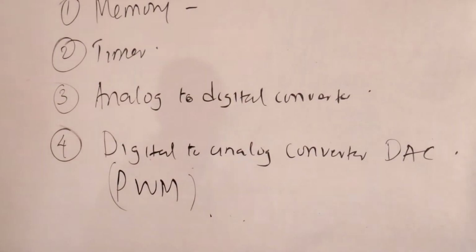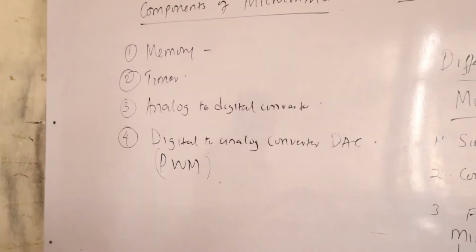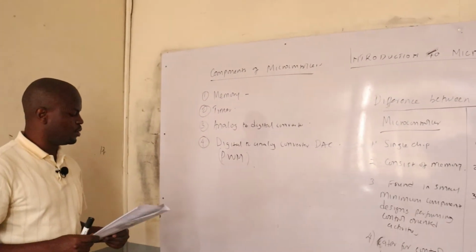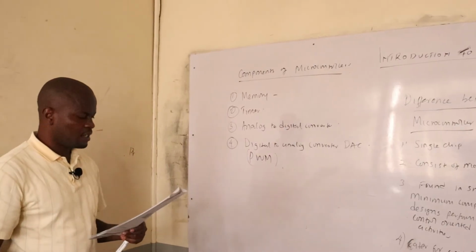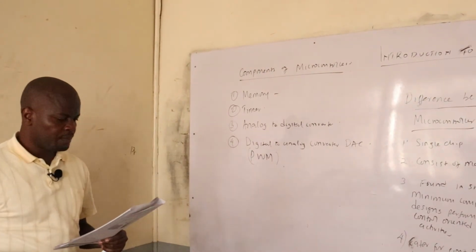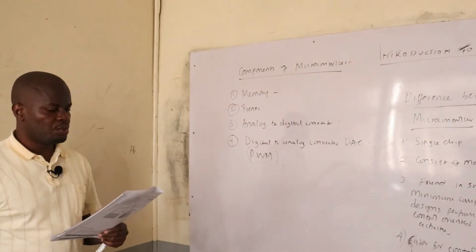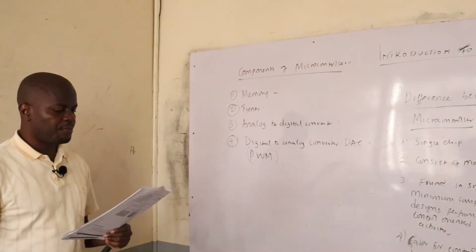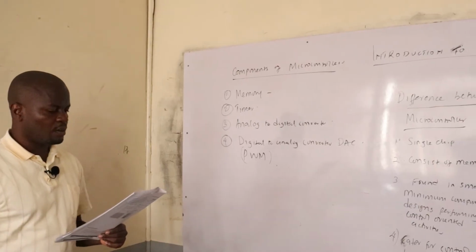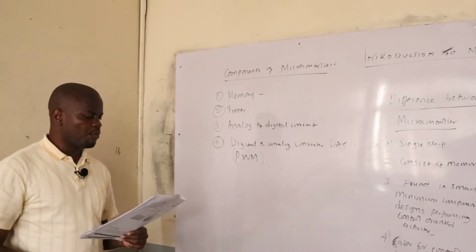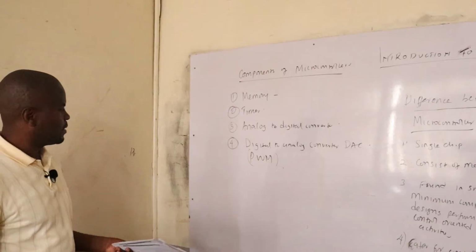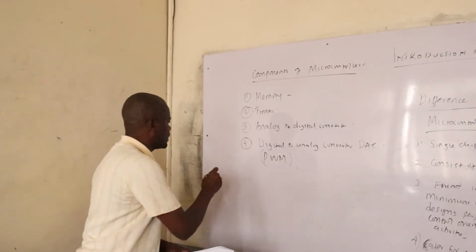Its work is to convert a digital value into a voltage output, and the PWM output can also be used as a rough digital to analog, a motor driver, or for many other processes.